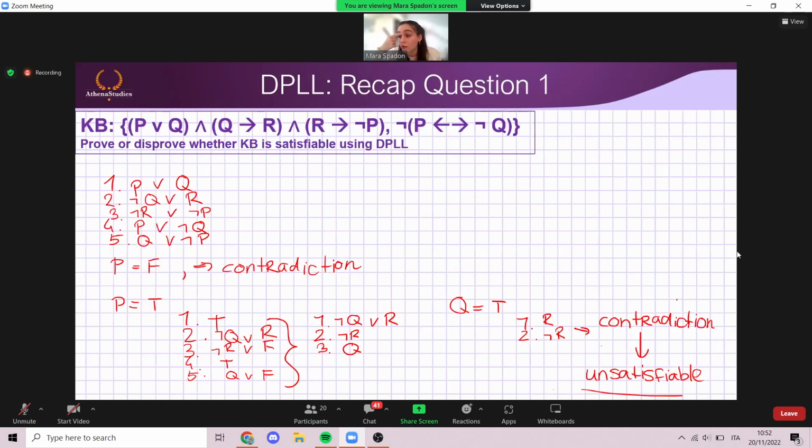Yeah, so you just pick the first variable to be true or false. You check, okay, what do I get in the end? And then you do the same with the other one. Exactly. Now we have a contradiction for both of them, because for the other one, we ended up with Q and not Q, so we cannot yield true out of this one. Here we also cannot yield true, so it doesn't matter what you choose for P, you will never get to true. So that is why it's unsatisfiable.